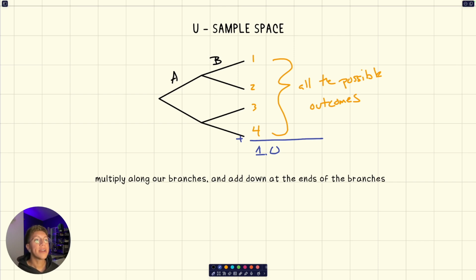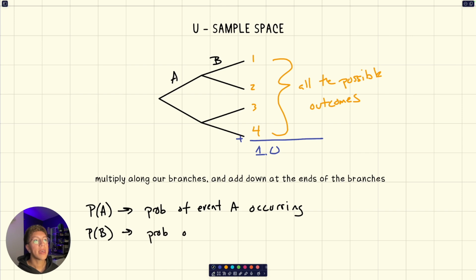Just like before, the probability of A, or P of A, is the probability of event A occurring. And the probability of B, or P of B, is the probability of event B occurring.